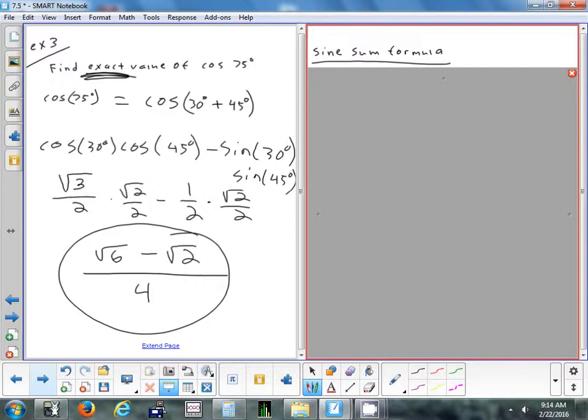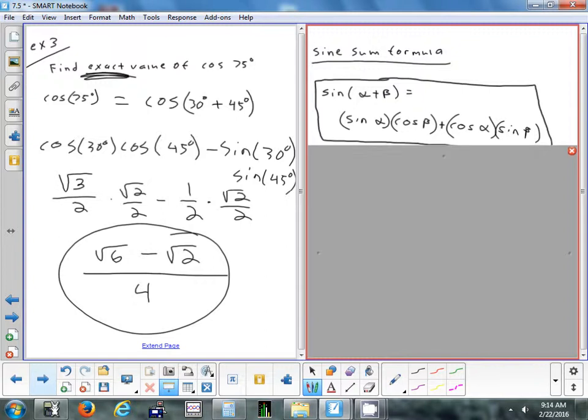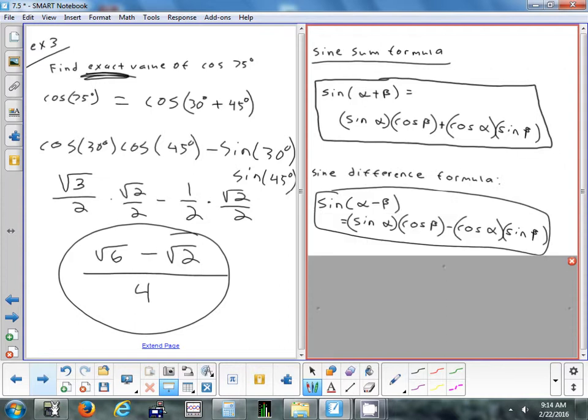All right, so since we did a lot with the cosine, we're gonna jump to the sine. Okay, and rather than go through the proofs of these, just like we did with the last one, I'm just gonna give you the last 2.